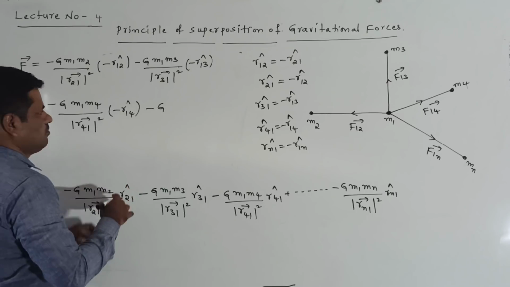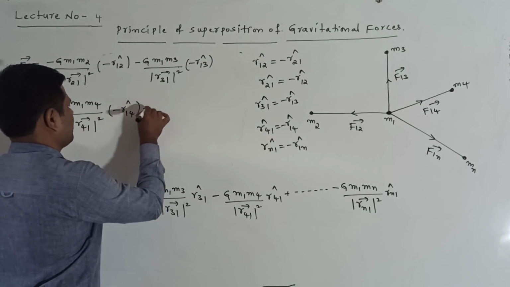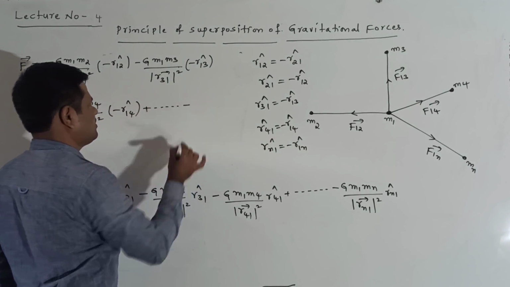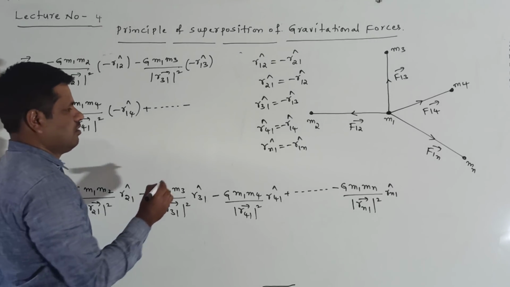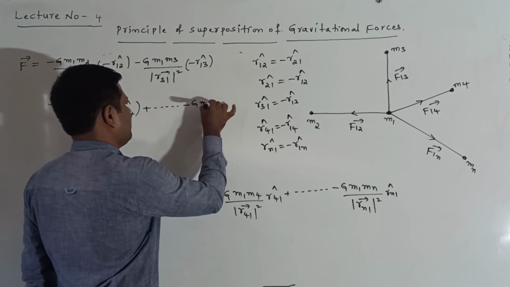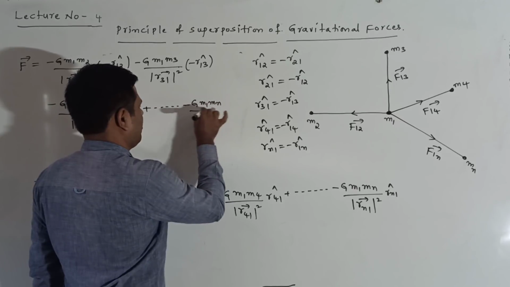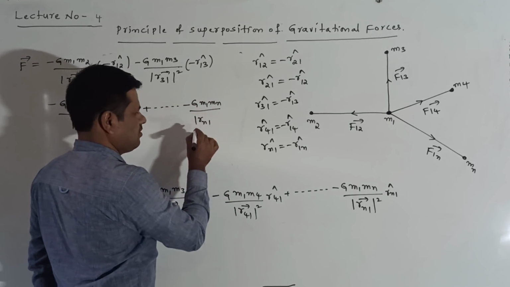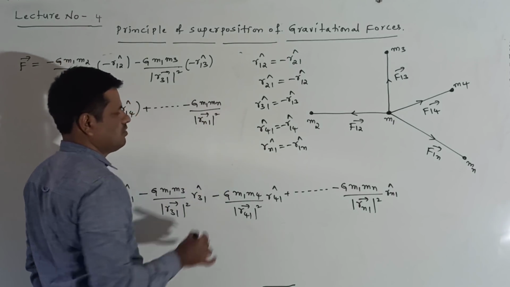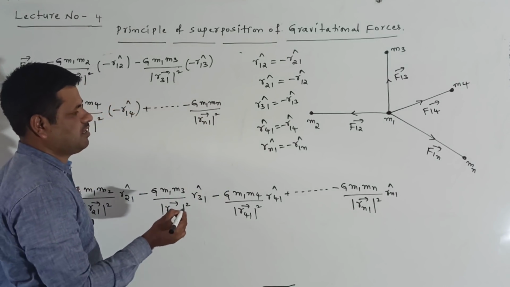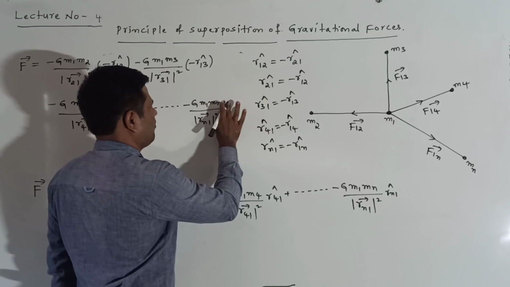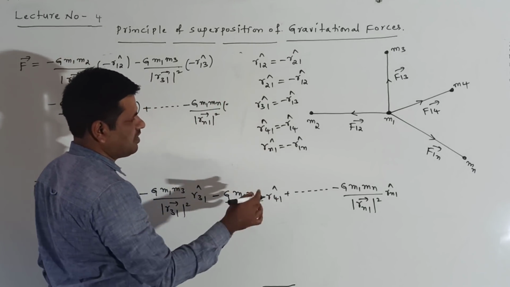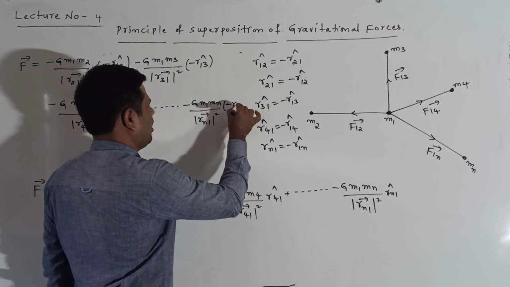Plus and so on, minus G m1 mn by mod of r1n square, where rn1 cap can be written as minus of r1n cap.